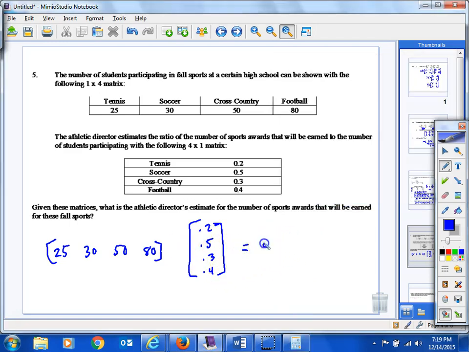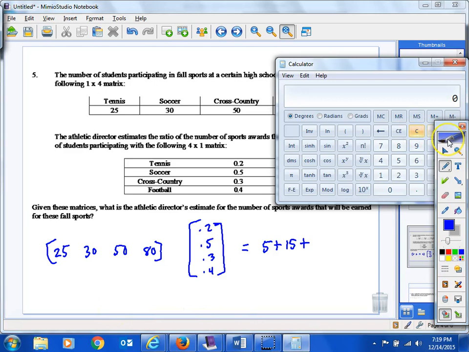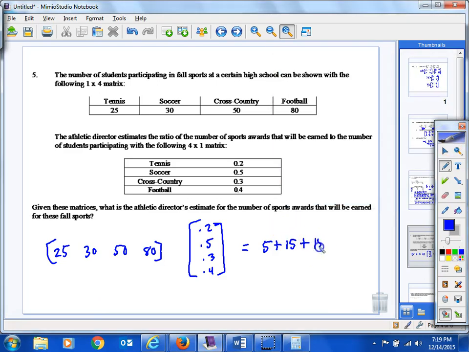So we're going to do 5 plus 30 times 0.5, which is 15, plus 50 times 0.3, also 15, 80 times 0.4, which should be 32, and we just add them up.